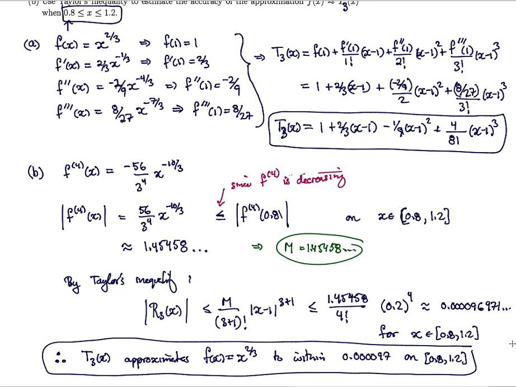So we know if we plug in a value of x that lies in this interval into the polynomial, the value the polynomial spits back at us will be within this error of the actual value of the function.